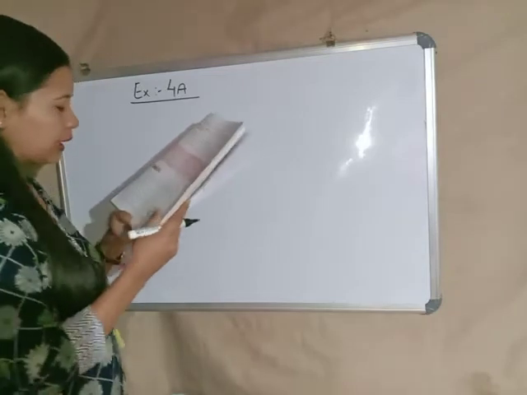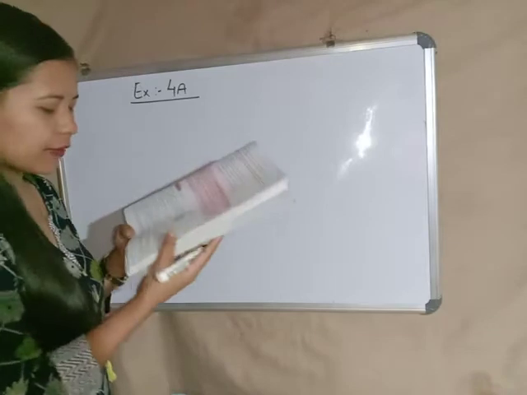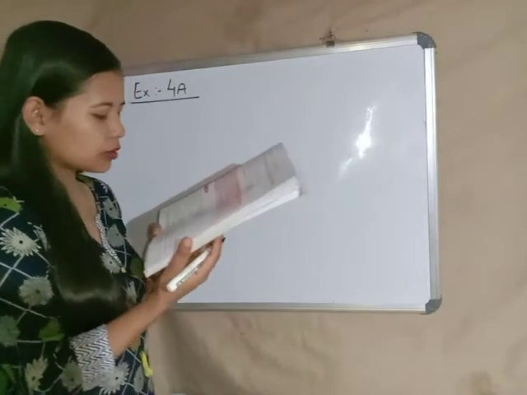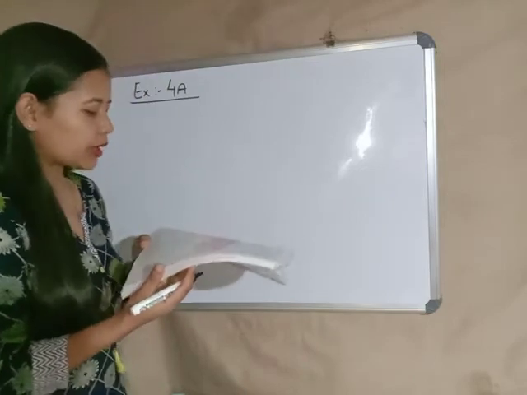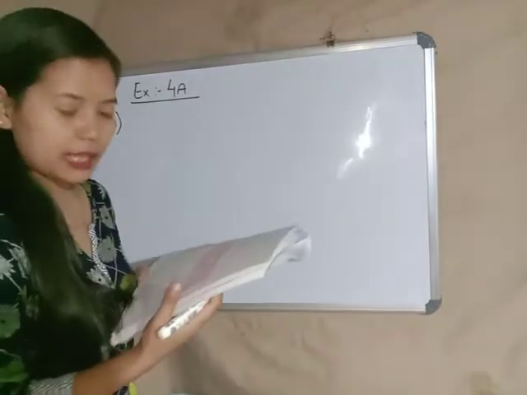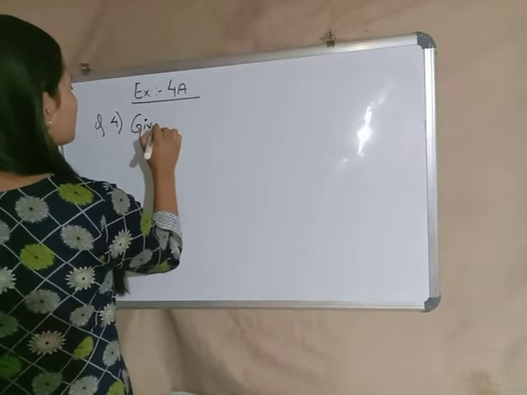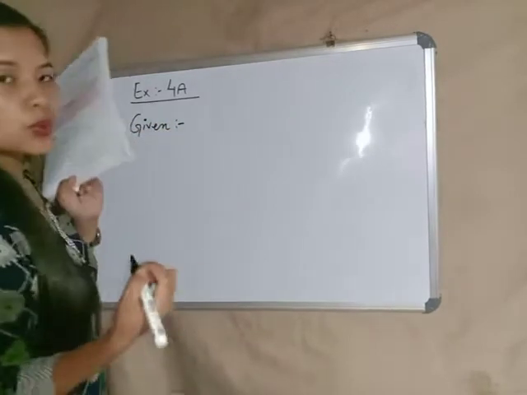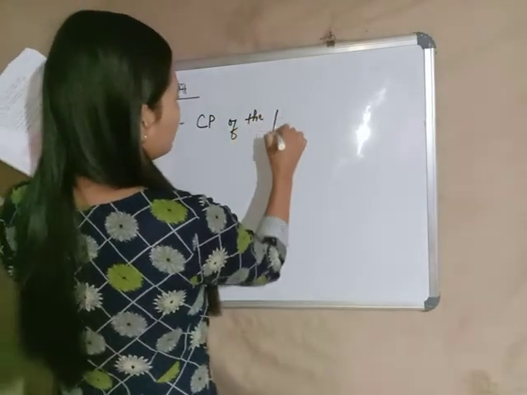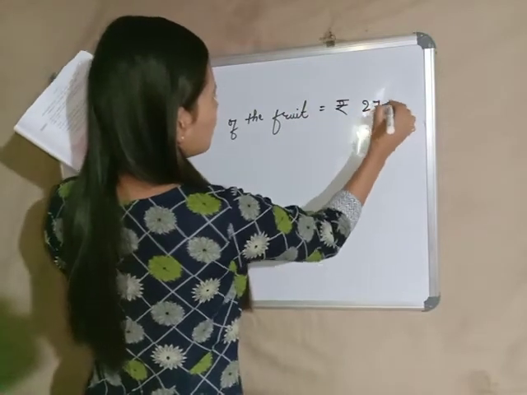So question number 4 says a fruit seller bought fruit worth rupees 270. If he intends to make a profit of rupees 50, what should his selling price be? From the question there are certain things given, we can figure it out. He bought fruit worth rupees 270, means cost price of the fruit will be equal to rupees 270.